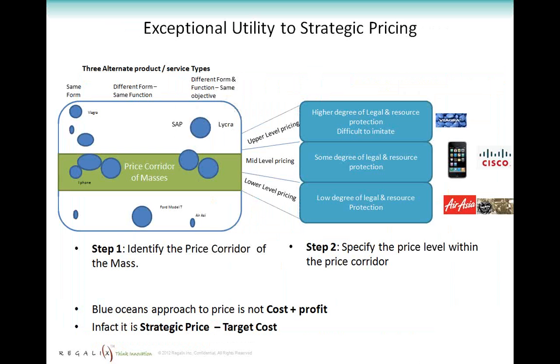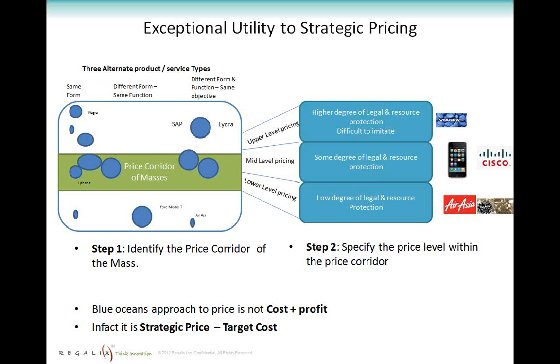Next, we move from exceptional utility to strategic pricing. Here we introduce a model called the price corridor of the mass. This is a model which understands the sensitivity of the pricing of a product or a service. It basically consists of two steps. The first step is identifying the price corridor.